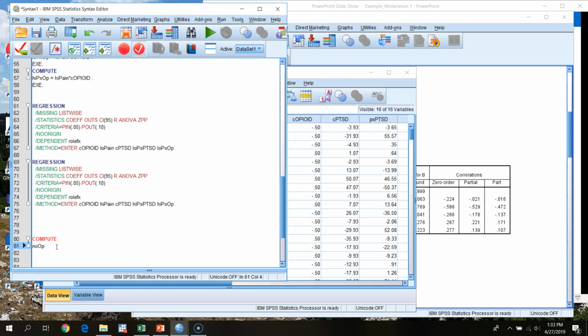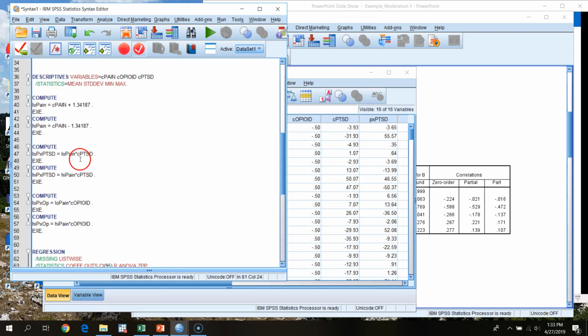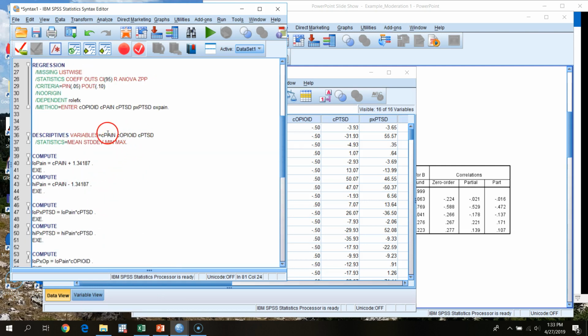We'll call it no op, no opiate use times pain, is equal to opioid times my centered pain variable. Is that what my centered pain variable is? Yep.